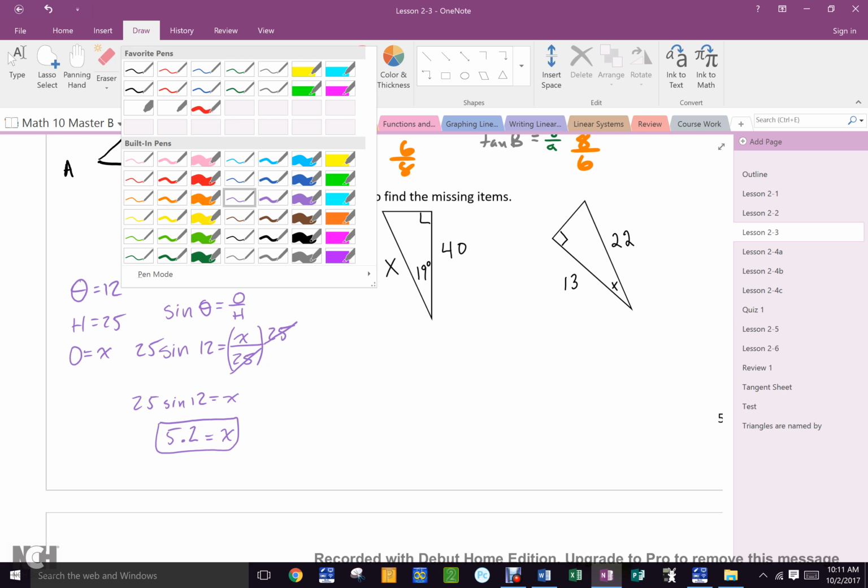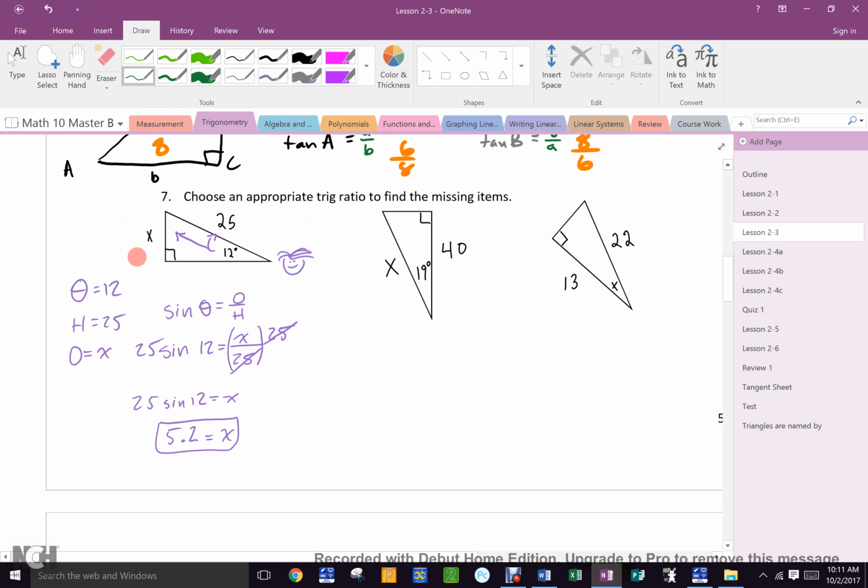I feel like writing in dark green. Do I have a theta? Yeah. What is it? 19. What other parts of the triangle are available to me? I need a hypotenuse, which is X, and I have an adjacent, which is 40. Now it's decision time.